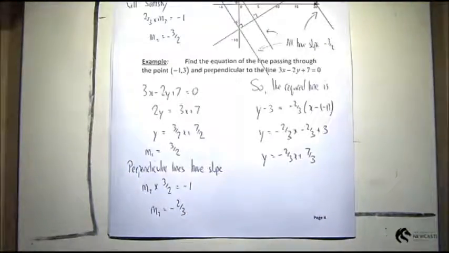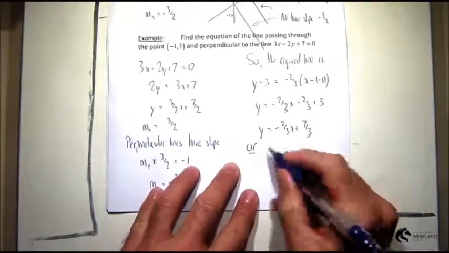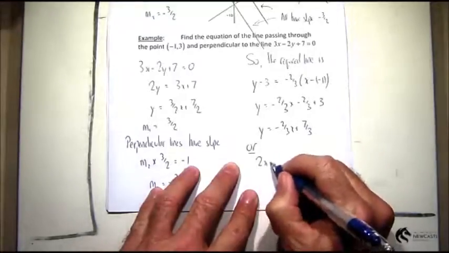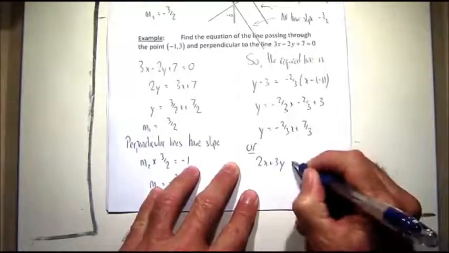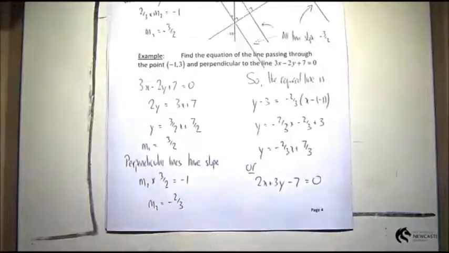So there is the line that we're after. That's its point gradient form. I could put it in general form if you don't like the fractions. So I guess if I multiply by 3, I would have 2x plus 3y minus 7 is equal to 0. Either of those forms is just fine.